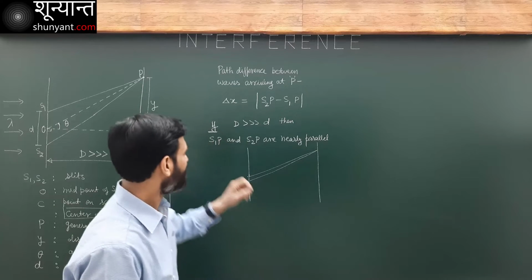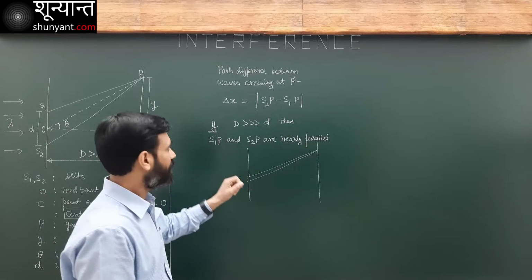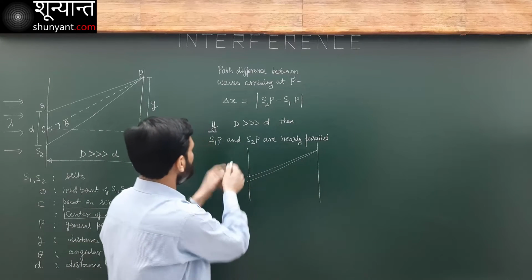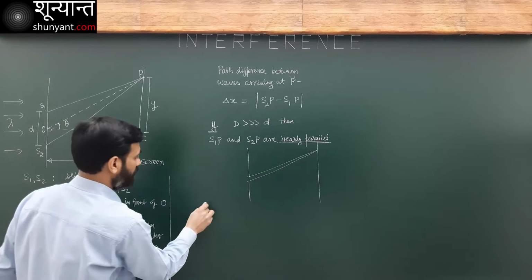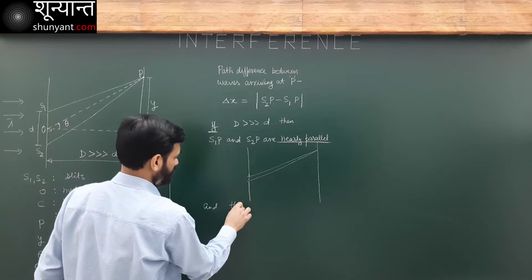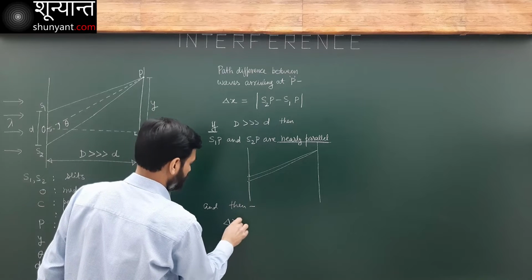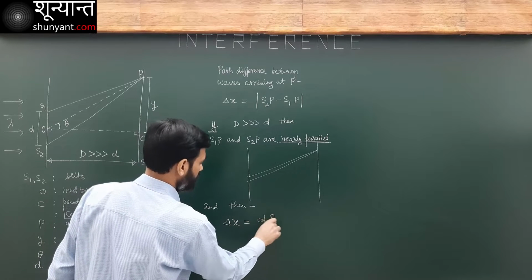What we are saying is that if this distance is very small as compared with this distance, then these two are nearly parallel, and then delta x will be equal to d sine theta.